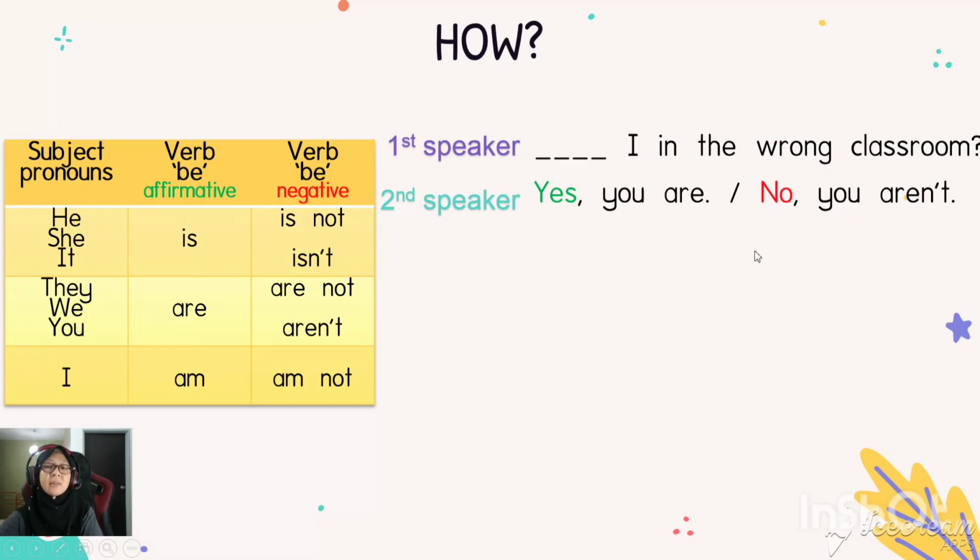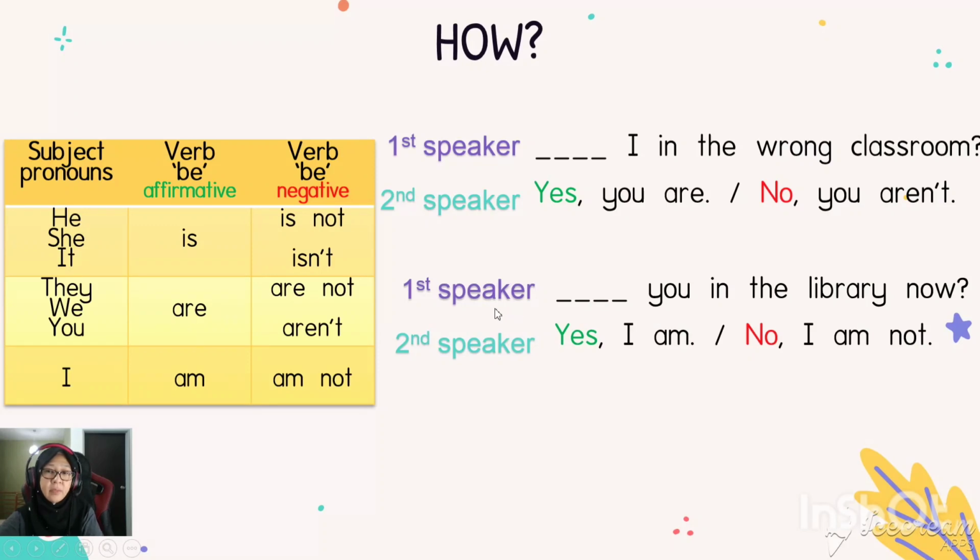Alright, let's go to the second example. Okay, the first speaker asks, blank, you in the library now? So what are you going to put here in the blank? Is it is? Does it match with the subject pronoun? Is you in the library now?